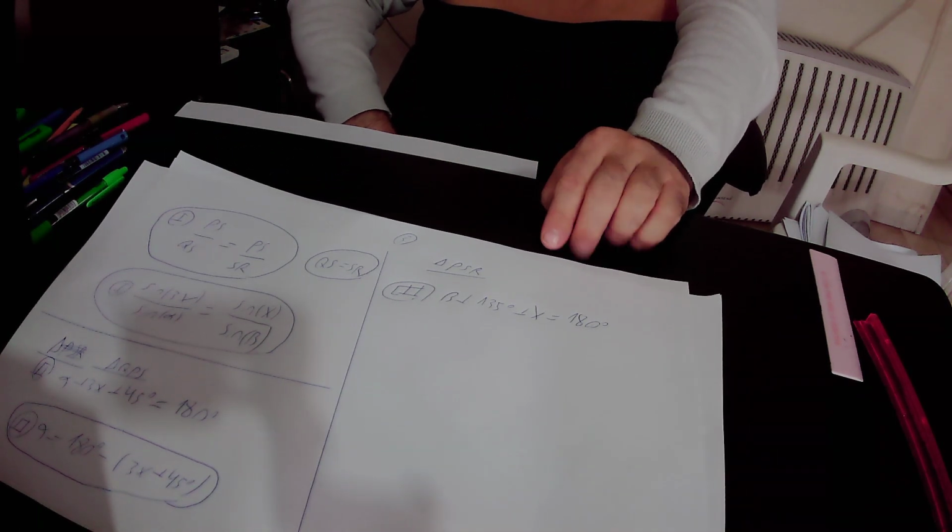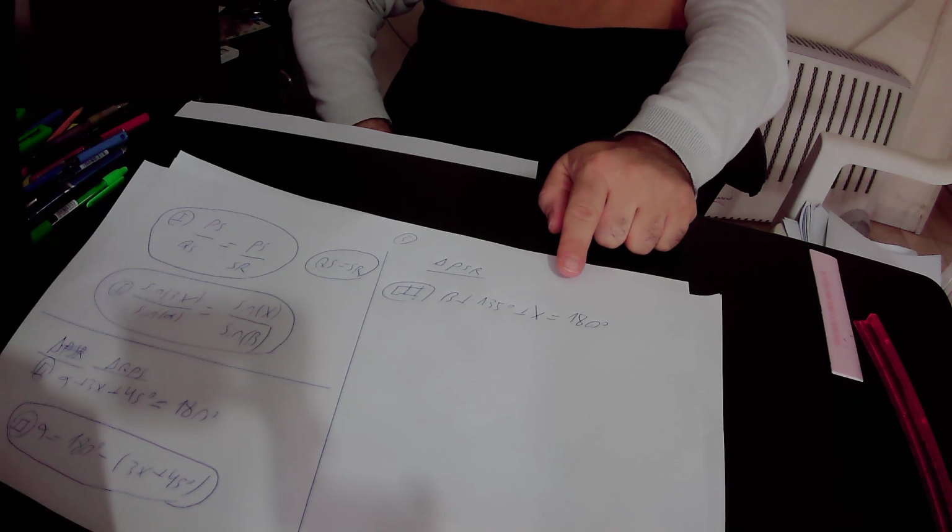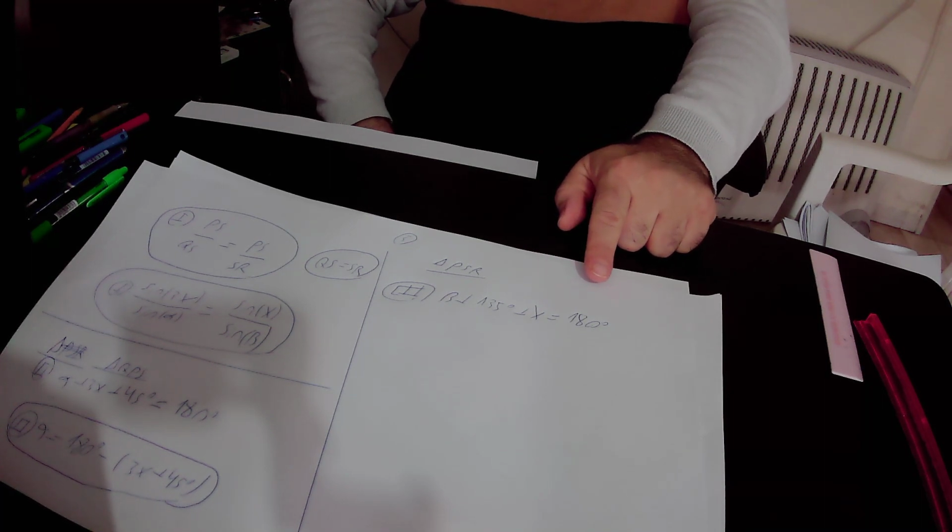So in triangle PSR, the sum of the angles is equal to 180 degrees, that is to say beta plus 135 degrees plus x must be equal to 180 degrees.